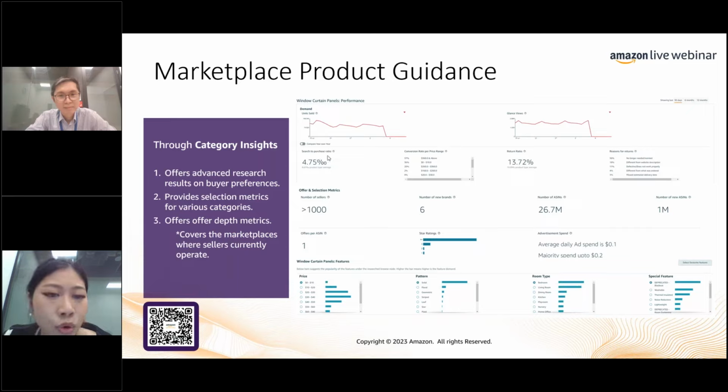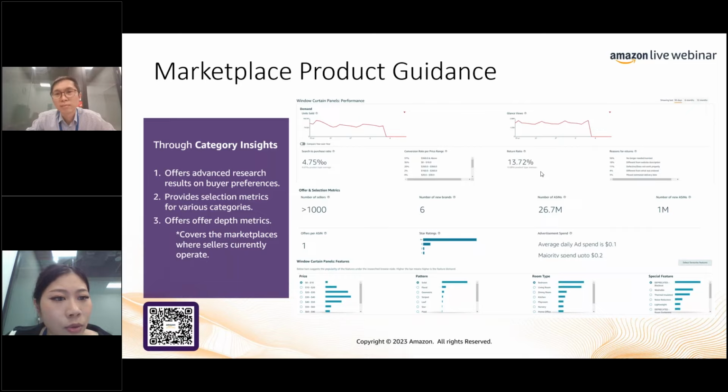You'll be able to know what the conversion is like, the search to purchase ratio on average. You'll be able to know what the price range is like. So maybe if I sell at $20 to $30, the conversion is higher than if I sell at $30 to $40. That's something maybe you can adjust along the way.